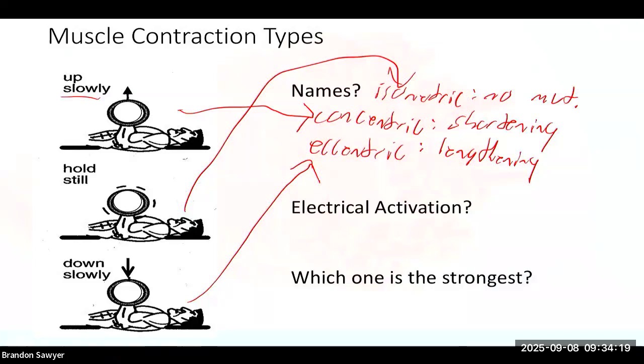And so it's just known that with eccentric contractions, so eccentric is the strongest. Eccentric contractions can produce about 150% of the force that concentric and isometric can. And so when you strain a muscle, for the most part, it's going to be during the eccentric phase of contraction. So it's usually with landing, right?